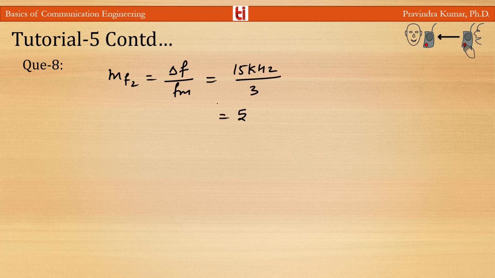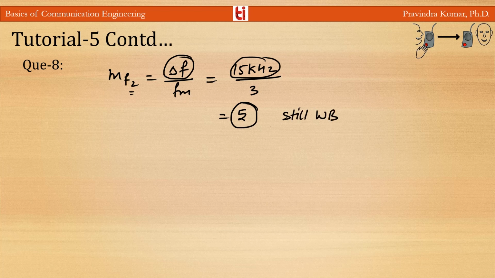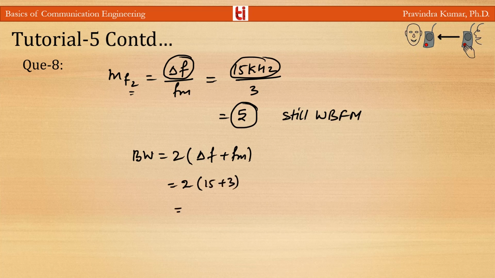You can see I have reduced my deviation from 30 kilohertz to 15 kilohertz and still the modulation index is greater than 1, so this is still wideband FM, and the bandwidth for this wideband FM will be 2 delta f plus fm, equal to 2 × 15 + 3, which is 36 kilohertz.